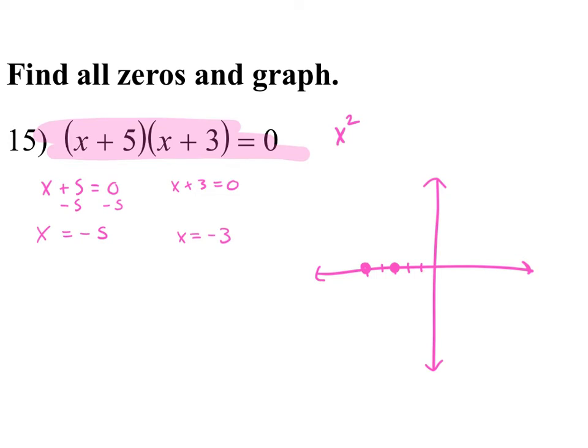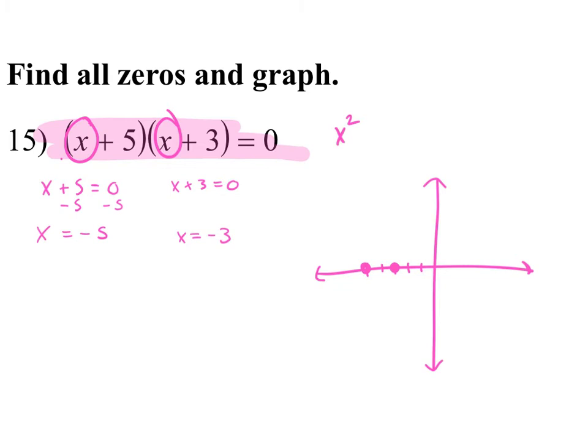No. Miss Carter? Yes. How did you get the x squared? Because we have 1x and 2 x's. So it's an x squared graph. So we're just counting how many x's we have in our original equation. And none of them have a negative sign, so it's positive.